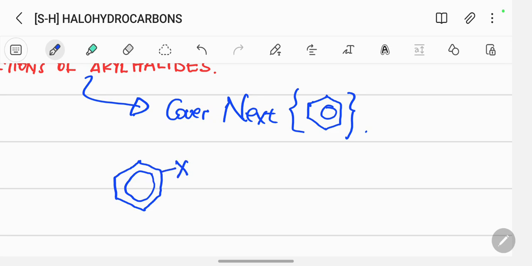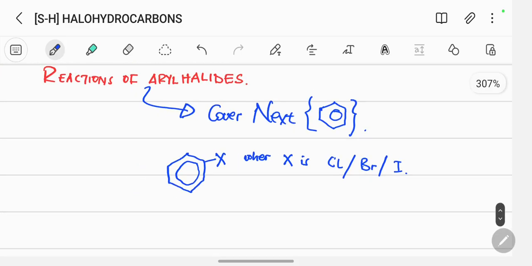So it can be where X is chlorine or bromine or iodine, like that.